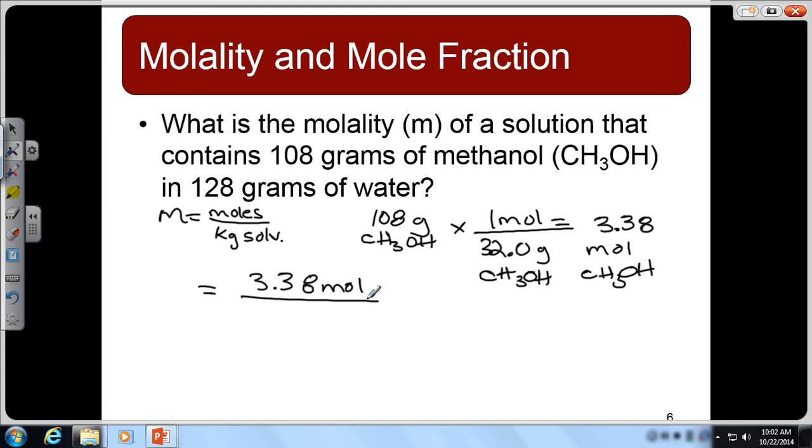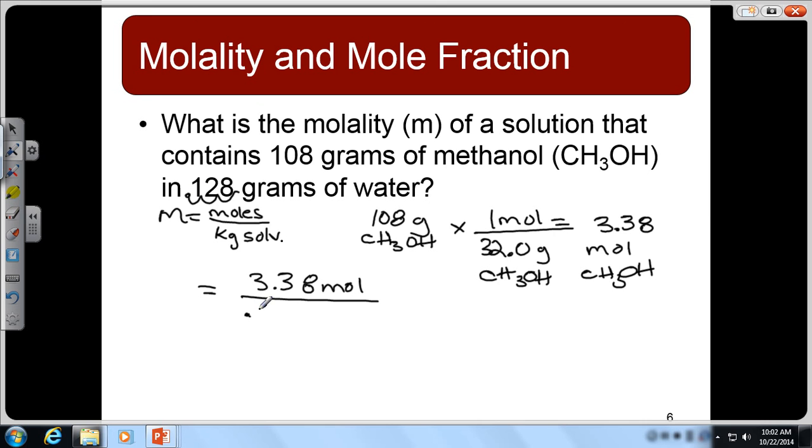We have to put in kilograms. So can we plug in 128 as is? No, because we're given grams. So which way do I move my decimal, to the left or to the right? This is a common little mistake as well. You end up getting a really big number. You've got to move it to the left, right? A kilogram is a bigger quantity than a gram, so you're going to move it to the left 3 places.